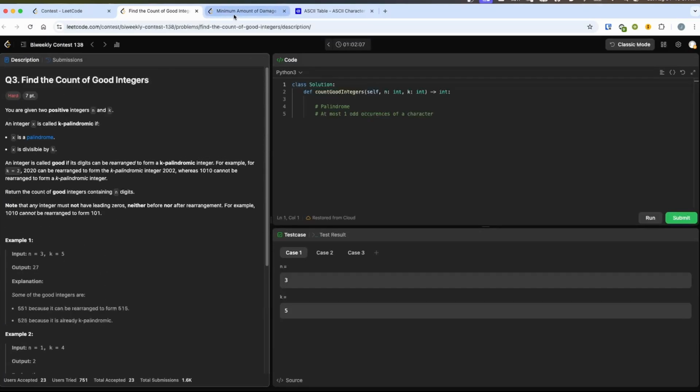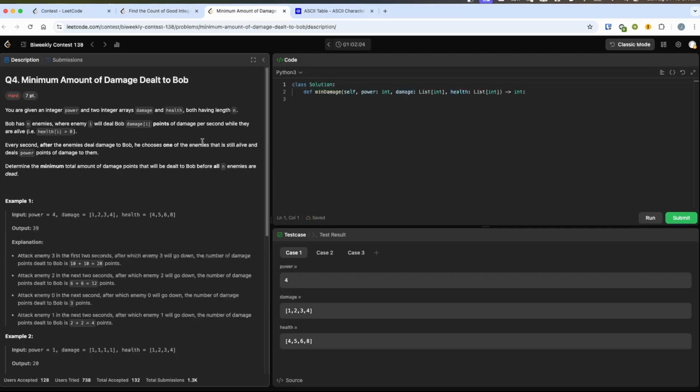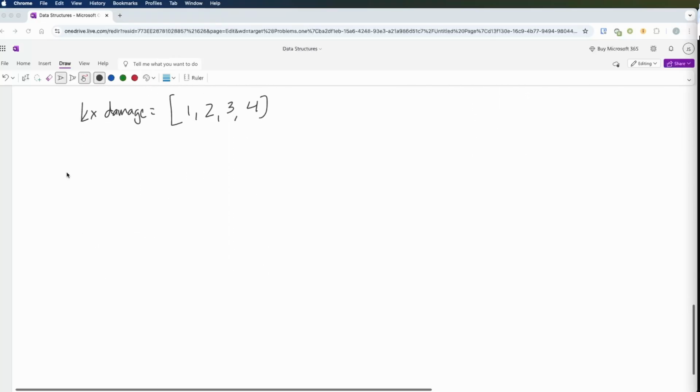This seems very tough. This should be like an 8 probably. Okay, each second after the enemy is still alive, they deal power points of damage to them. Like, does it ever make sense? Well, I have a question. Does it make sense to ever do just one attack on an enemy?